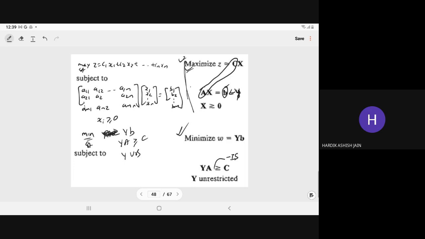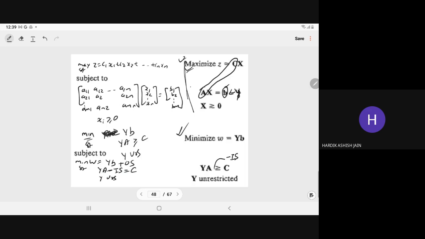Then in standard form: minimize W = Yb + 0S subject to YA minus IS = C, and Y is URS.